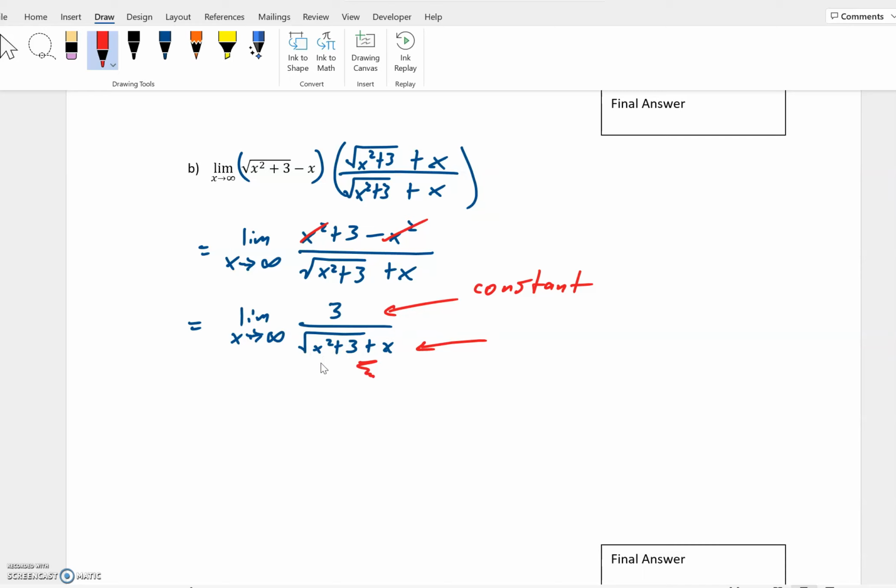The square root of x squared. Well, if I keep increasing x, I let it go to infinity, then this thing goes to infinity plus infinity. This thing is clearly going in the direction of infinity, right? So if I have a fraction where the top is a constant and the bottom keeps getting bigger, bigger and bigger and bigger, where's this thing going? This thing is clearly going to 0. Okay, so our final answer should be 0.